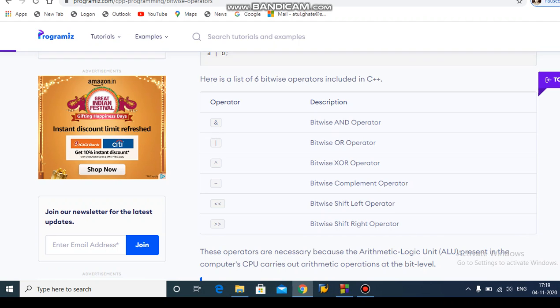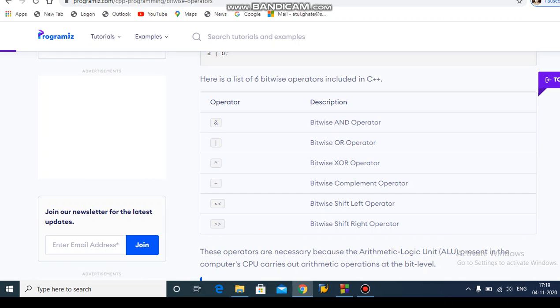The examiner can also ask separately for 5 marks: explain the bitwise operators in detail with the help of a program. So it is very important. The first operator is the bitwise AND operator, not the logical AND. Then second, the bitwise OR operator.